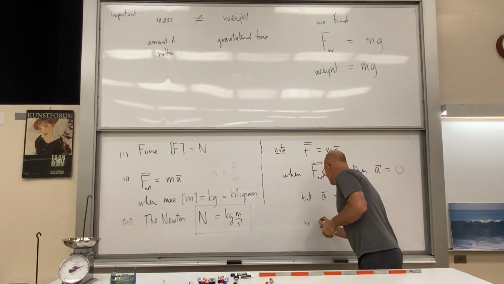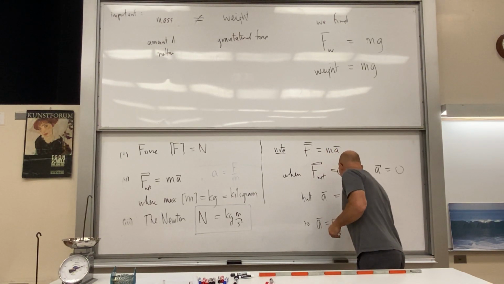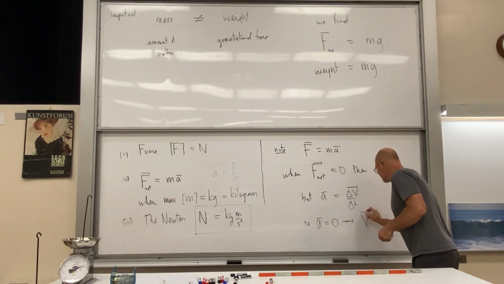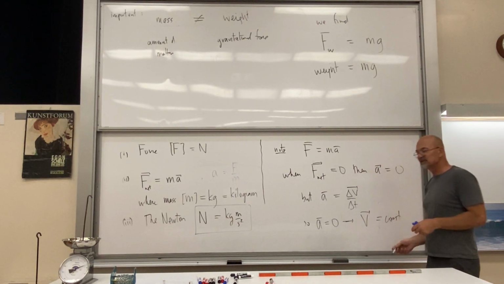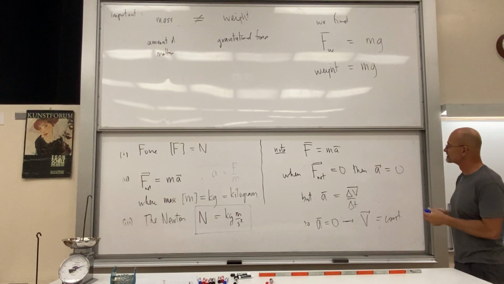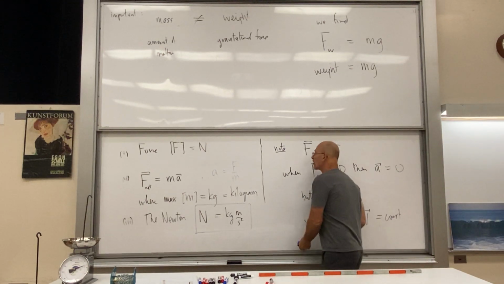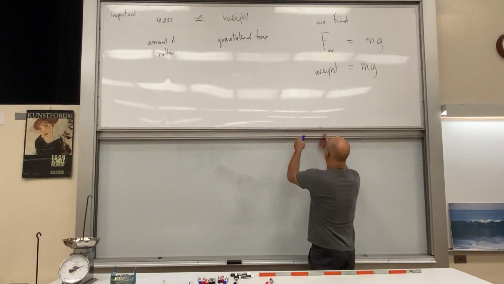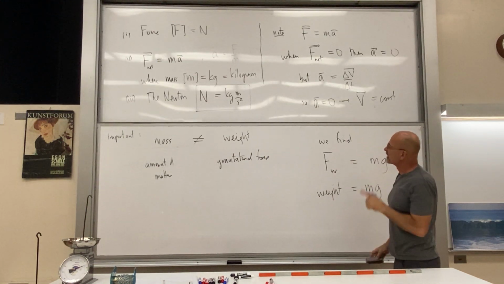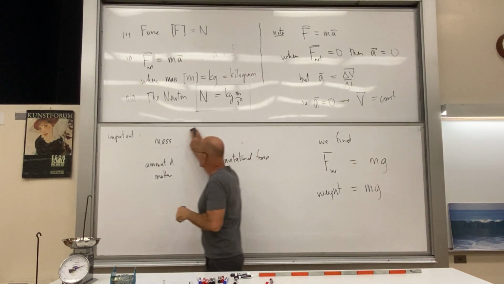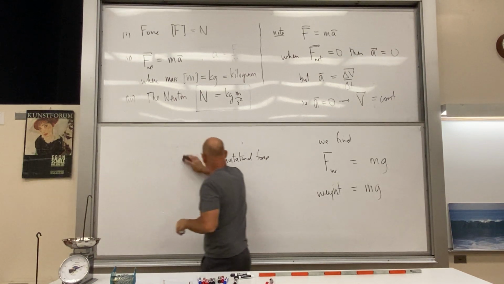So A equals zero implies V equals constant. And that takes us back to Newton's first law. Okay, one more discussion of Newton's laws. I've talked about Newton's third law now, and then we're ready to do some applications.